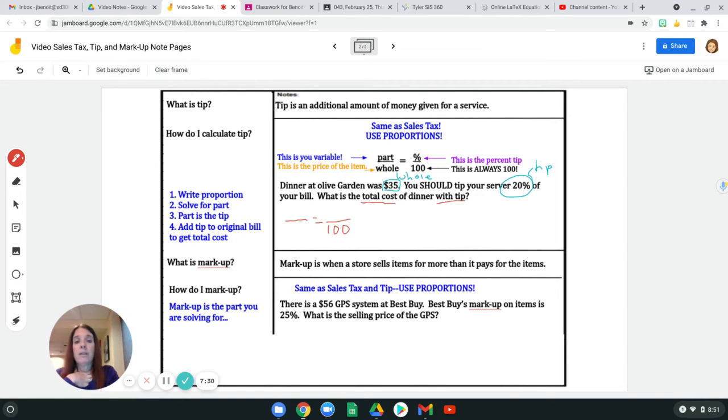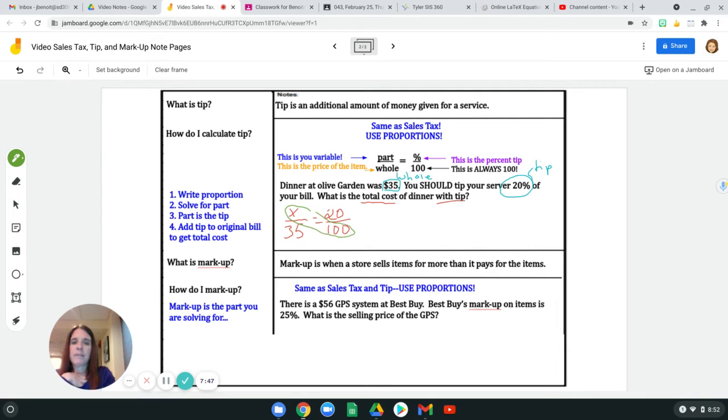Remember, the part is always the top left numerator. This time our whole is $35 for the dinner. And our percent tip is 20%. Now we're going to do the math.